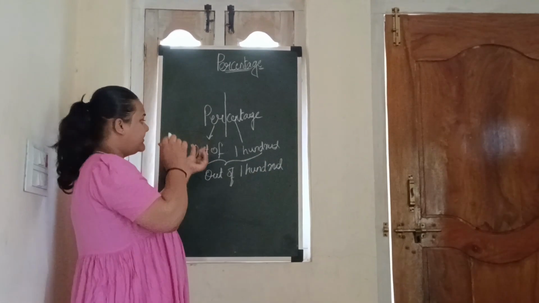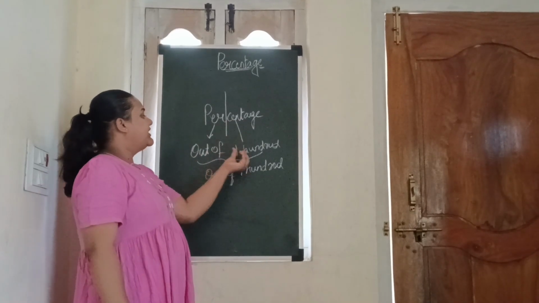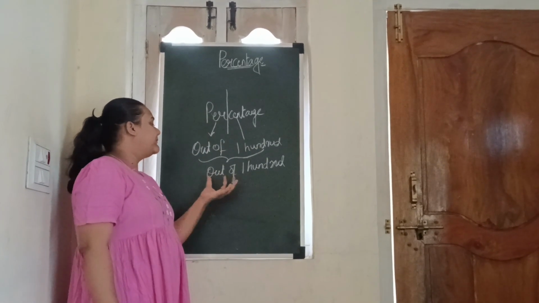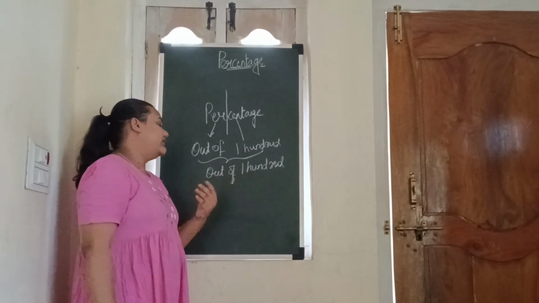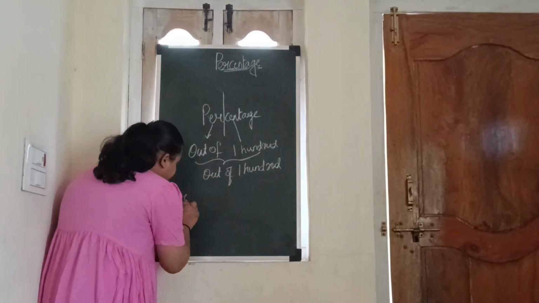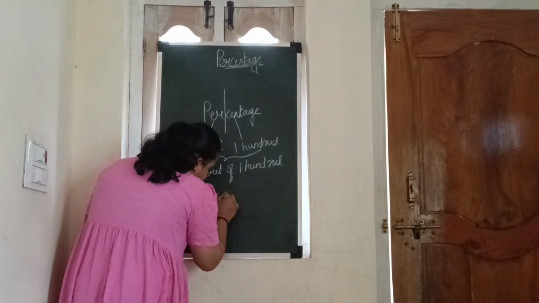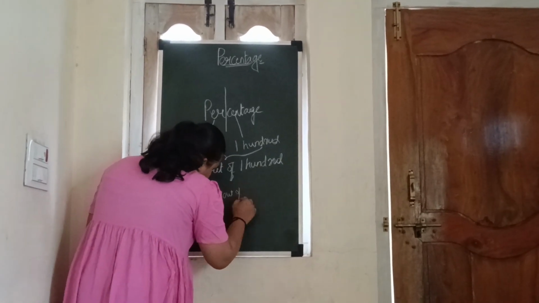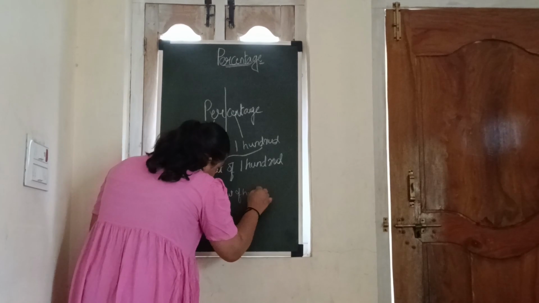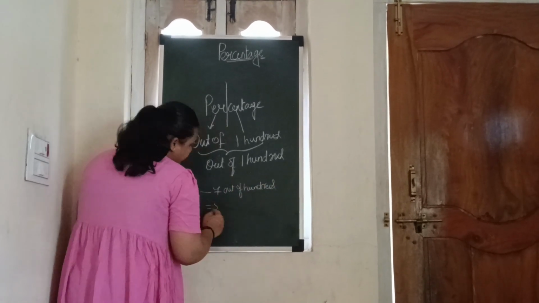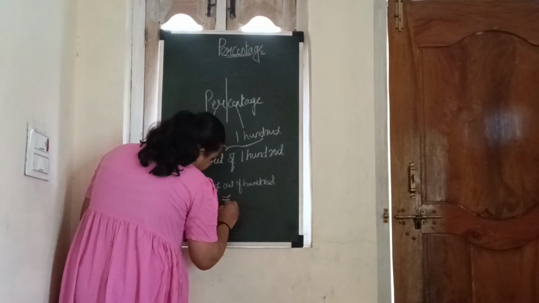If we combine it and say percent, it means out of 100. If we write 7%, it means 7 out of 100, that is 7 by 100.